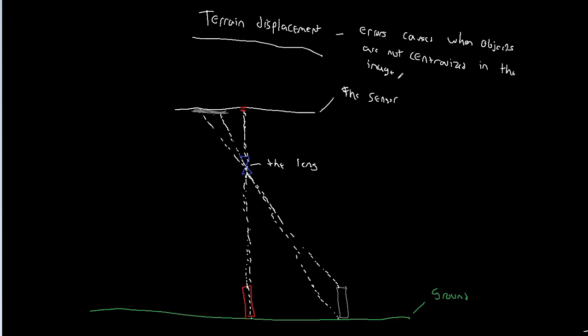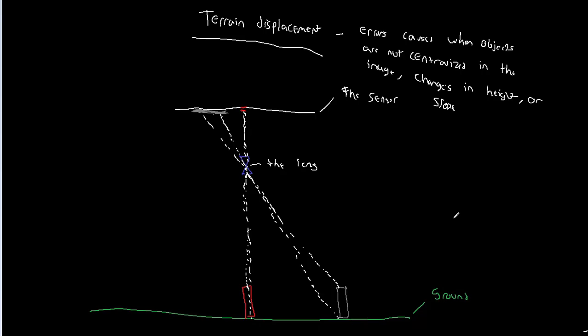This can also be caused by changes in height or slope. Hopefully you understand how this could be applied if we were to change the height of the object, because if this was flat on the ground, it wouldn't have the same problem, or if we were to put it on like a slope. So this is the diagram of terrain displacement.